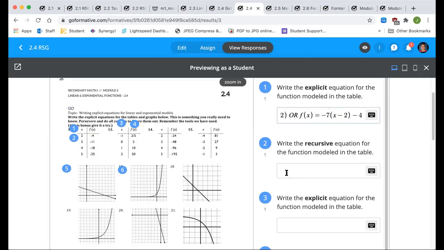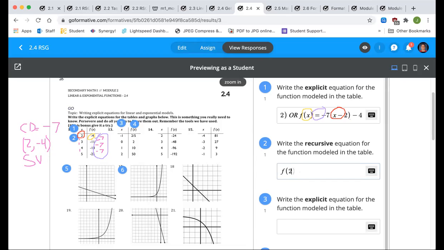All right, for the recursive equation. Again, our start value, which I don't know if I can bring those back. I can, that's awesome. All right, so for our recursive equation, we need our start value. So f of 2 equals negative 4.